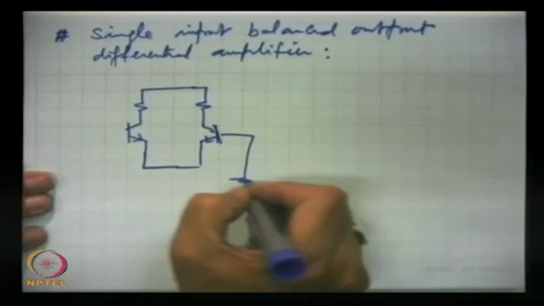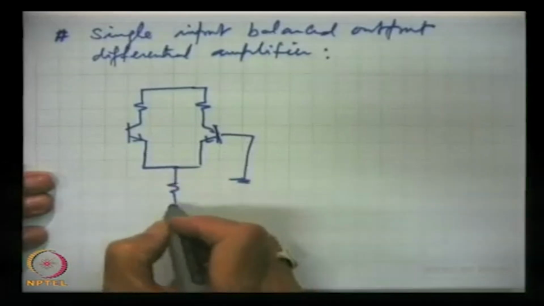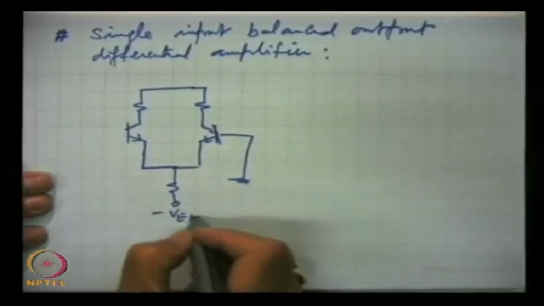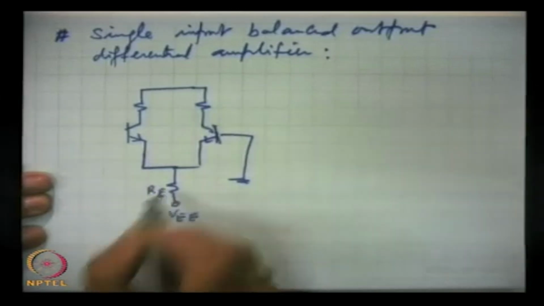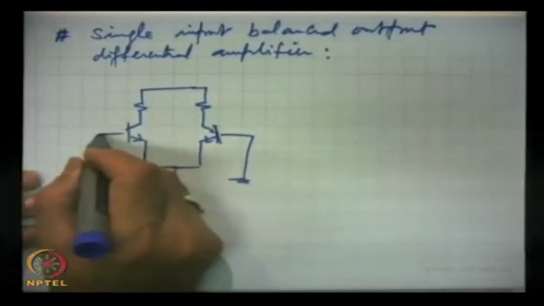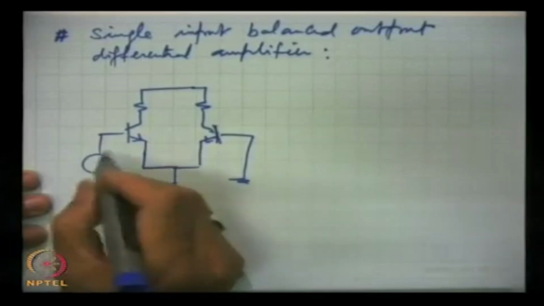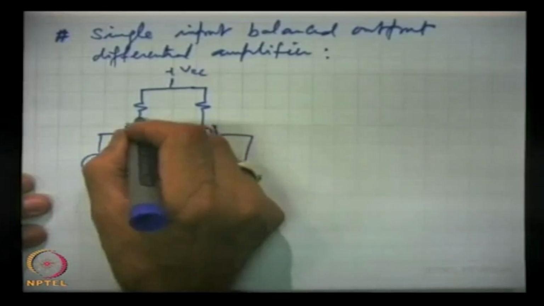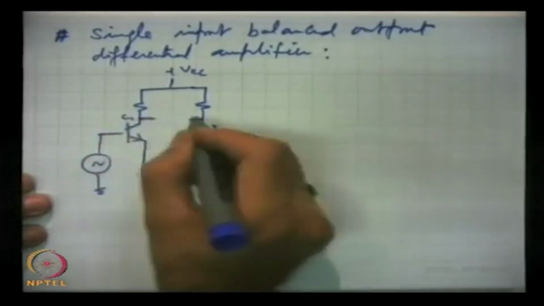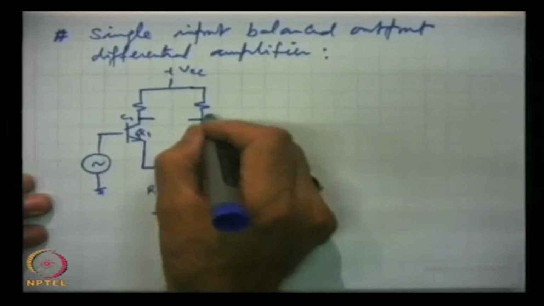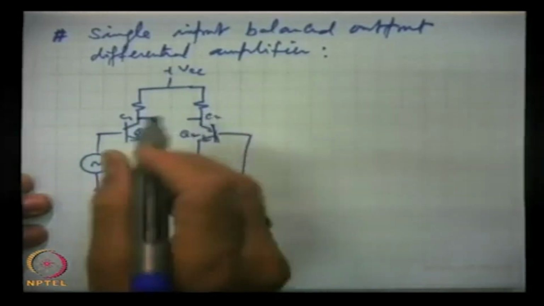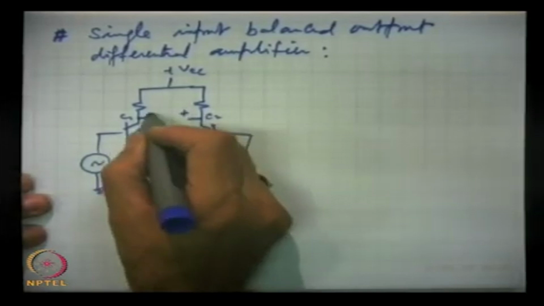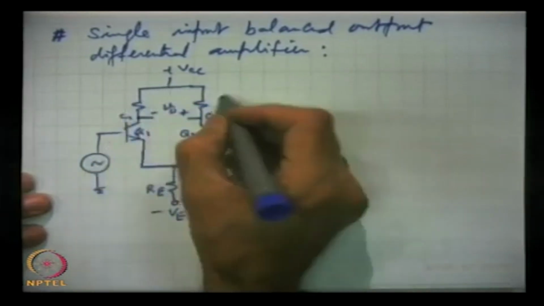This is grounded and this is active. And output is taken from two collectors, C1 of Q1 and C2 of Q2. So, this is the output.